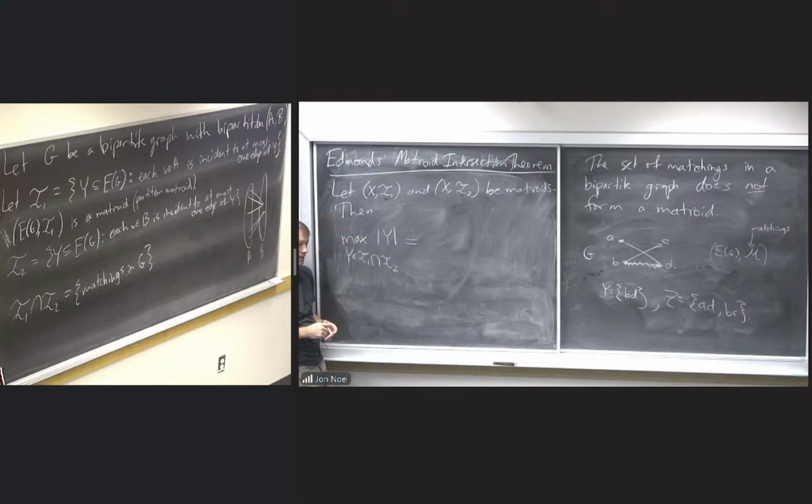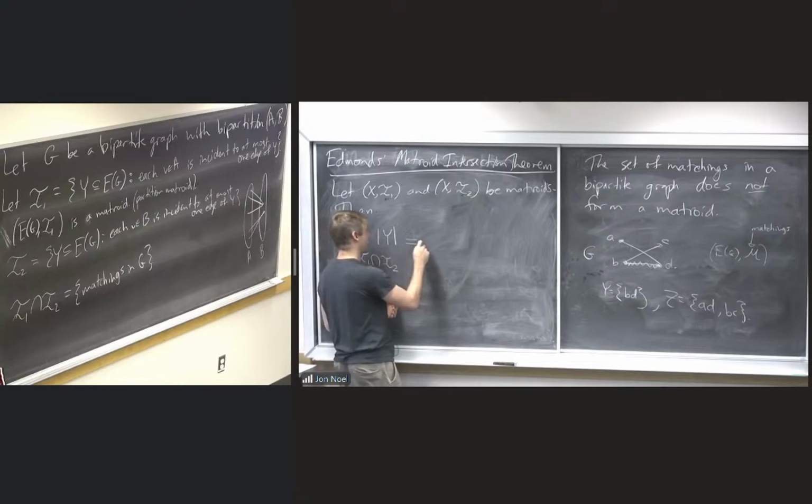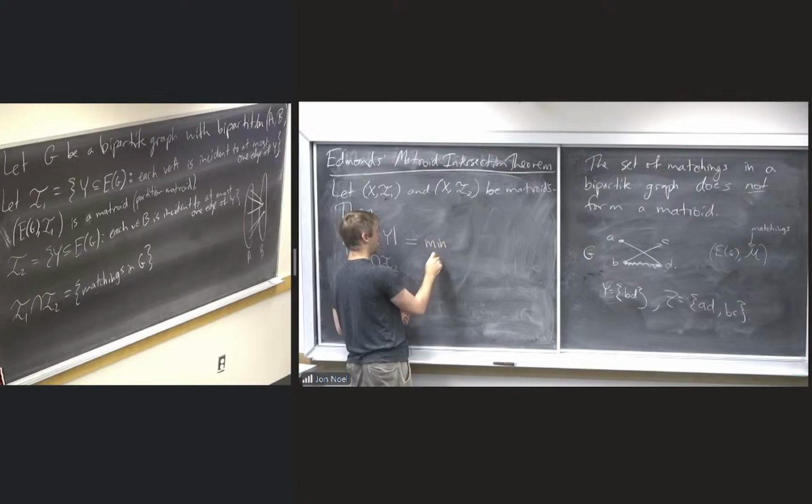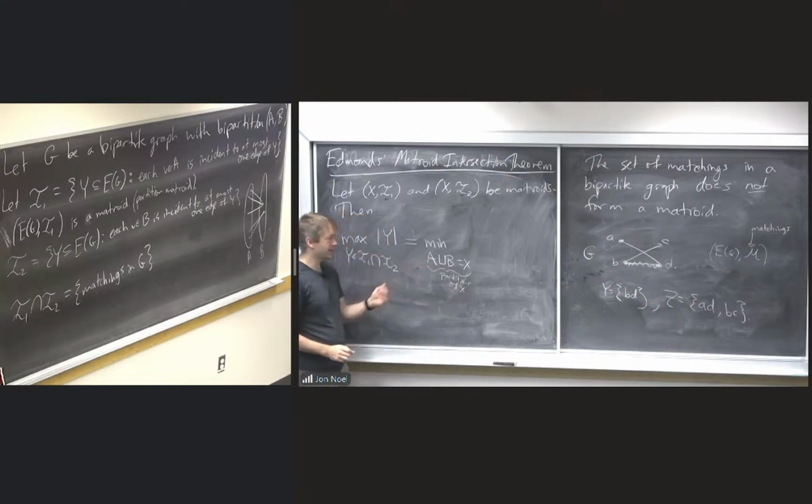So this is going to be another one of these duality theorems where the max of something is going to be equal to the min of something else, where these things don't necessarily look related. So the max of this is going to be the minimum over all ways of partitioning the ground set. I'll write this as A disjoint union B equals X, by which I mean all ways of partitioning X into two sets.